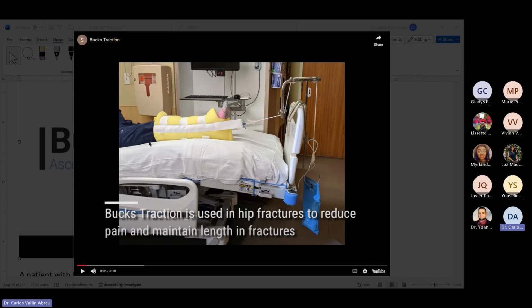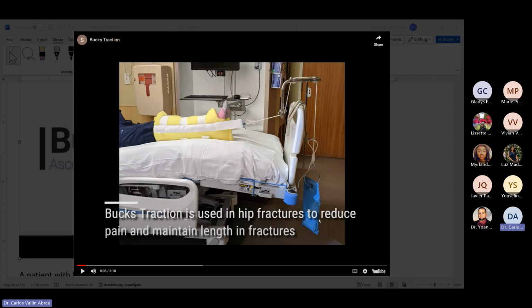Understand that this client has a fractured bone, and the bones are overlapping one over the other because of the fracture. And there is a spasm, a contraction of the muscles around the bone. So for that reason, the client is placed in traction to overcome the spasm, the contraction of the muscle.